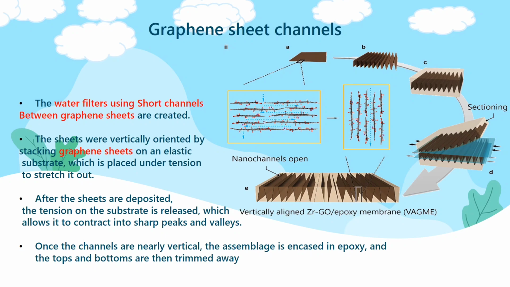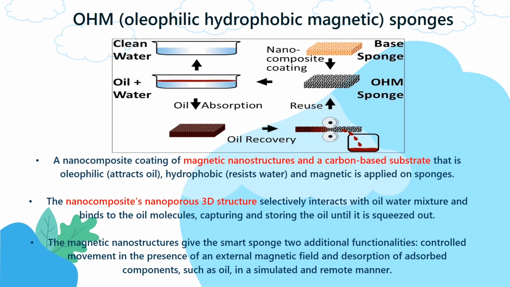Next one is OHM, which stands for olephilic, hydrophobic and magnetic sponges. The main idea is to create OHM, a composite material made up of magnetic nanostructures and a carbon-based substrate. We take a basic common sponge and dip it in a solution made up of these nanocomposites, 3D structures including carbon-based substrates and magnetic nanostructures.